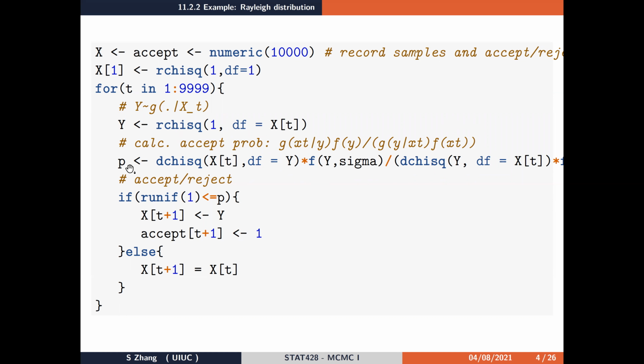So this gives us the probability of acceptance.